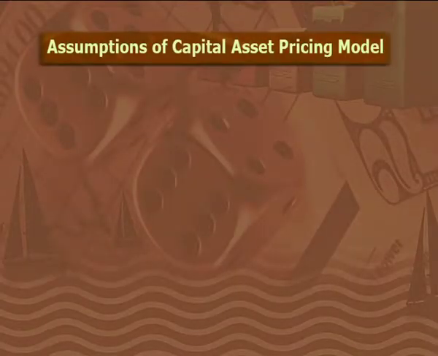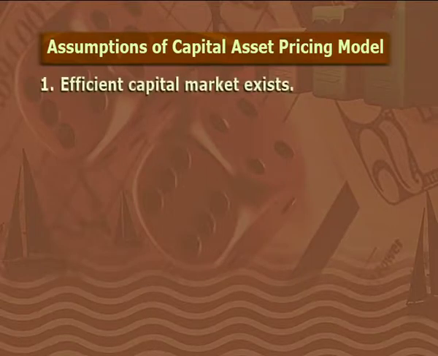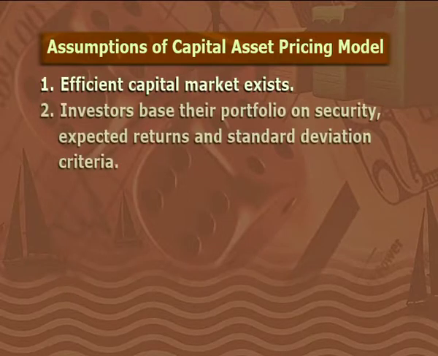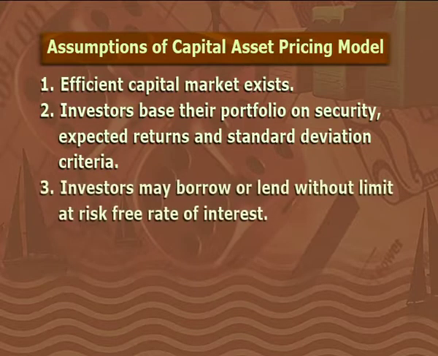The capital asset pricing model is based on certain assumptions. They are: Number 1, an efficient capital market exists. Number 2, investors base their portfolio on security expected returns and standard deviation criteria. Number 3, investors may borrow or lend without limit at the risk-free rate of interest.